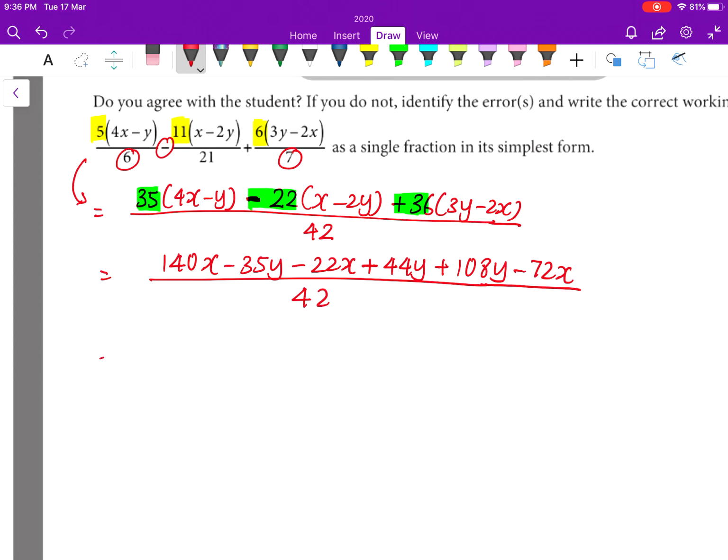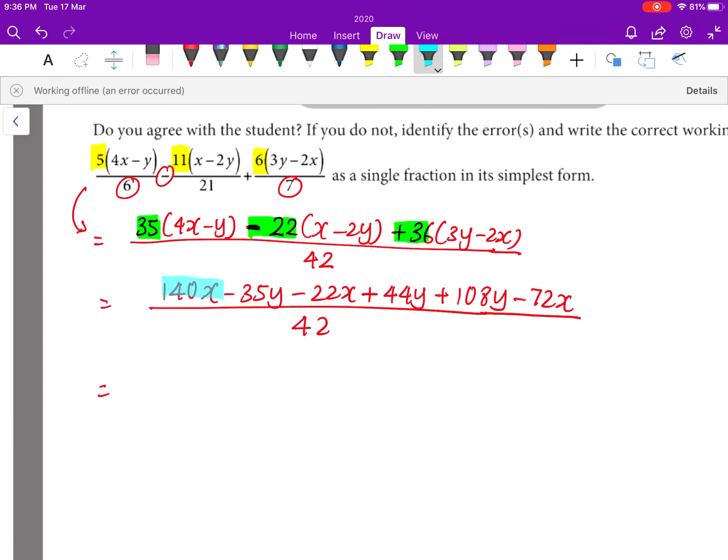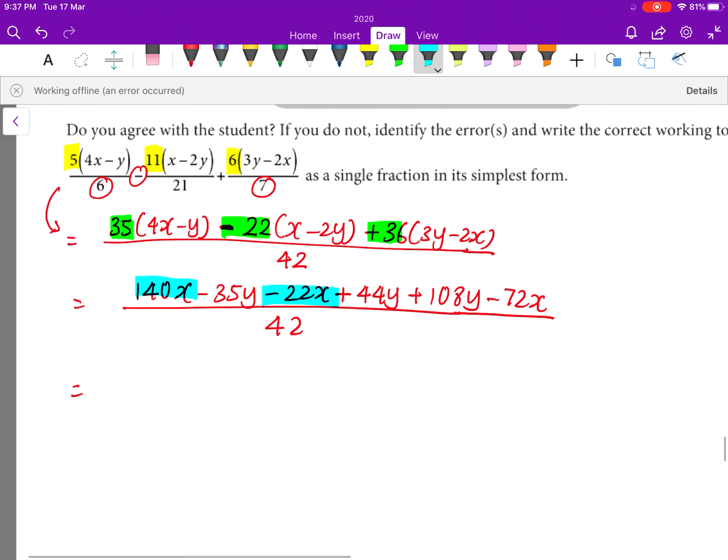Okay, let's simplify further. Let's focus on all the x first. So 140, I will take away 22, I will take away 72, 46x. And let's focus on the y.